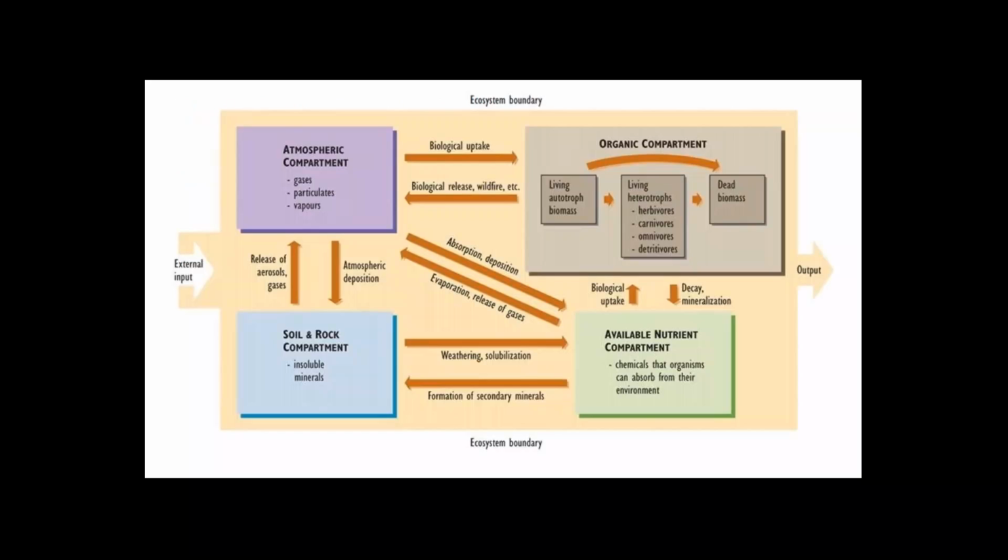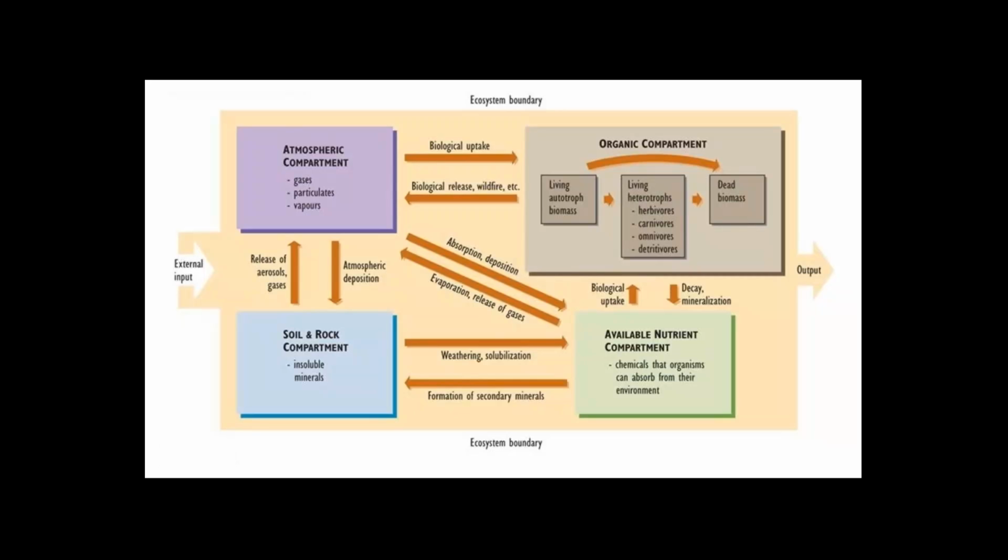So another generalized description of a biogeochemical cycle is here, where we have an atmospheric component, where we have gases, particulates, and vapors, which can be carried into soils as insoluble minerals in atmospheric deposition.